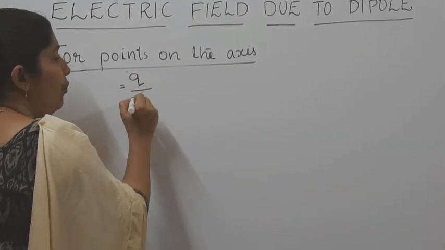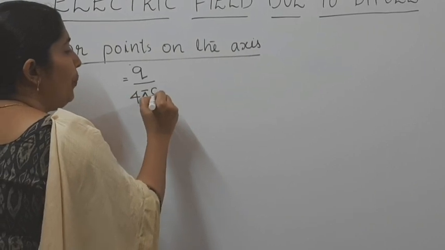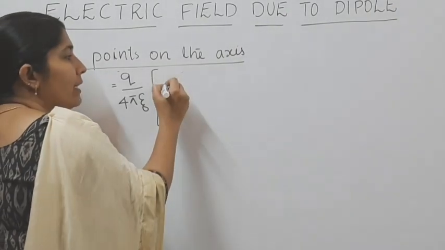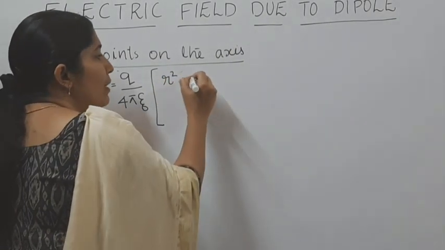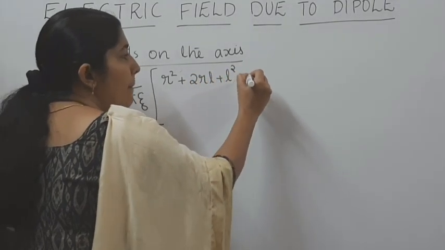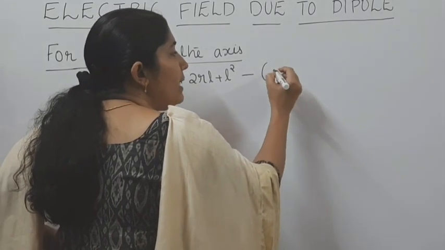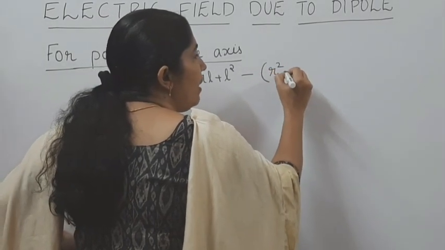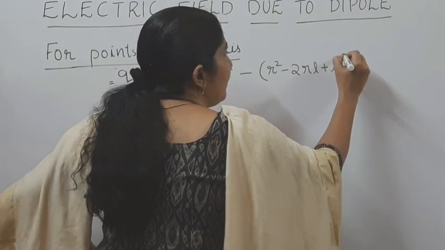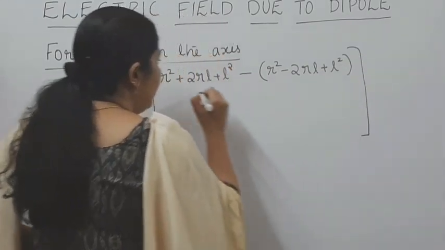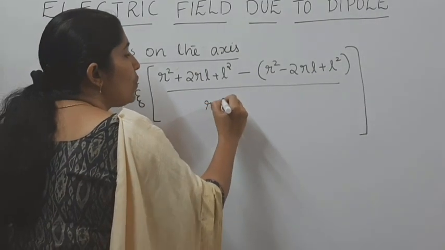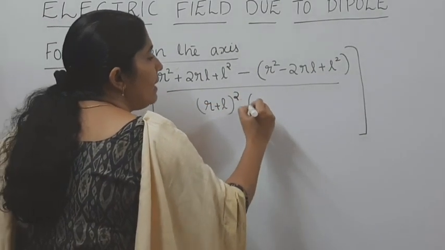Q divided by 4 pi epsilon 0 into (r plus l) the whole square, that is r square plus 2rl plus l square, minus (r minus l) the whole square, that is r square minus 2rl plus l square, divided by (r plus l) the whole square into (r minus l) the whole square.